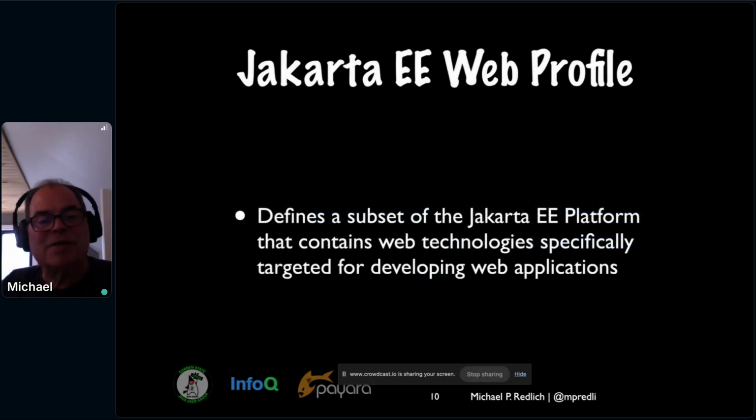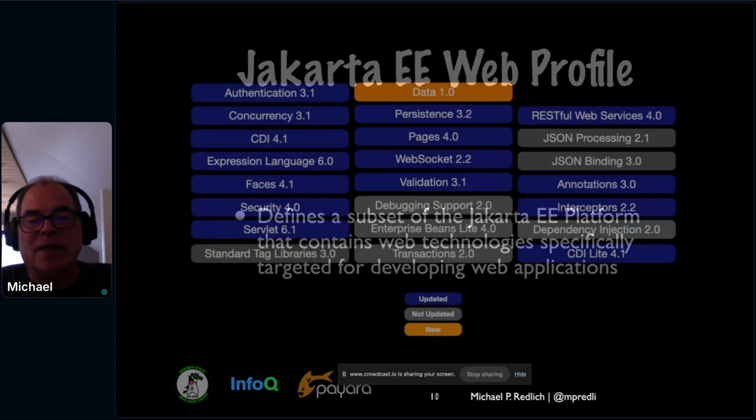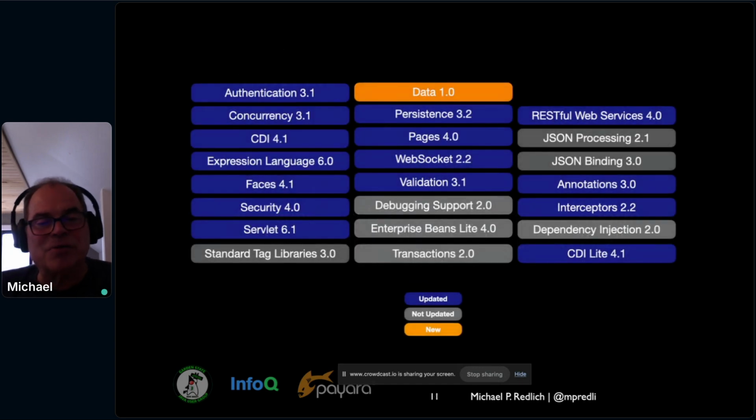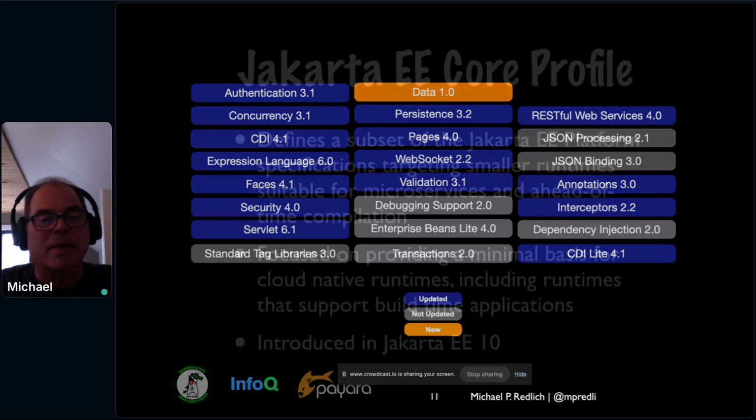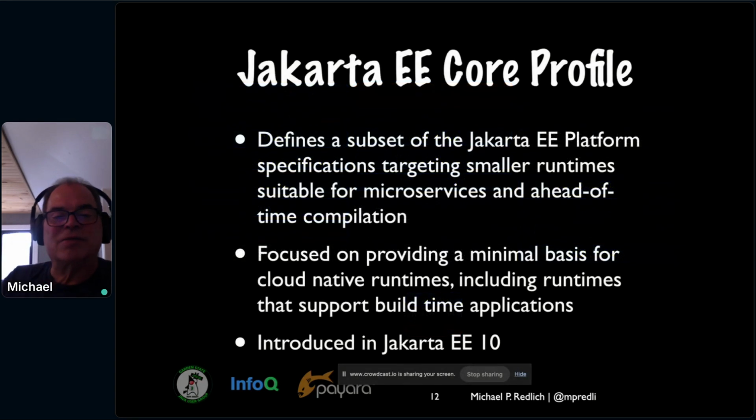So the web profile is just a subset of the platform for, obviously, web technologies. And there you see those, and as I mentioned, Jakarta Data is one of them. And the core profile is a subset for targeting smaller runtimes.